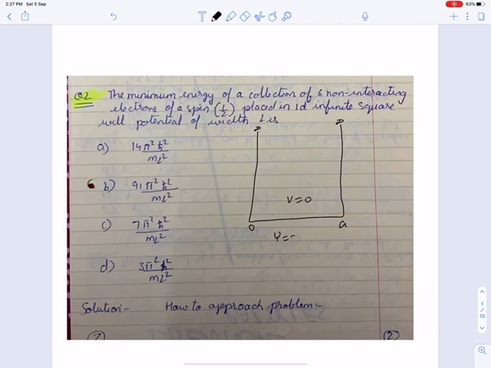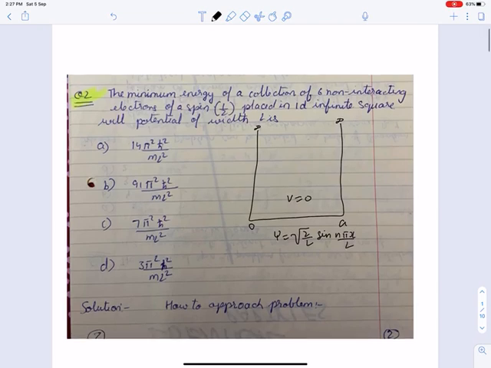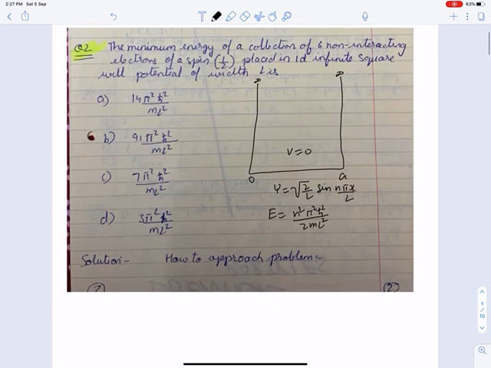So psi is equal to root 2 upon L sine n pi x by L, and the energy level is given by n square pi square h cut square upon 2 m L square. So you have to remember this.